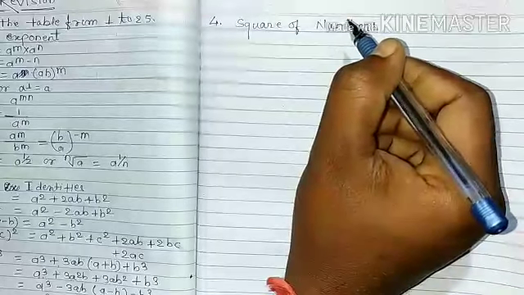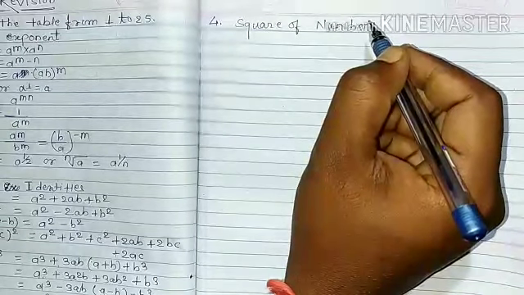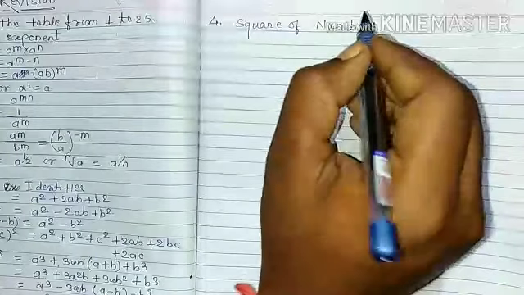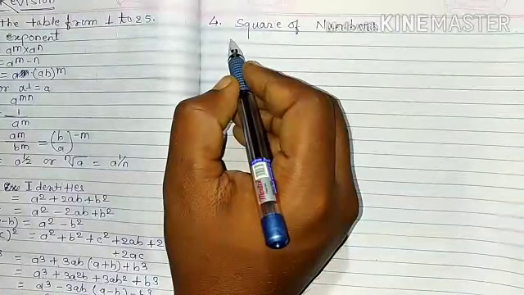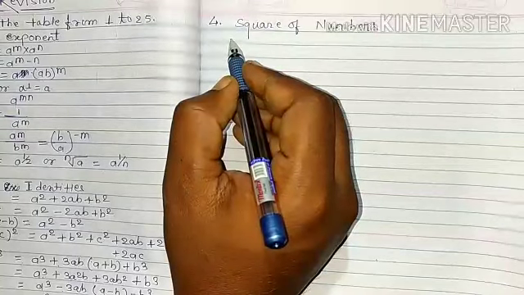When we remember the square of numbers, we find the square root easily and we easily multiply the same numbers.